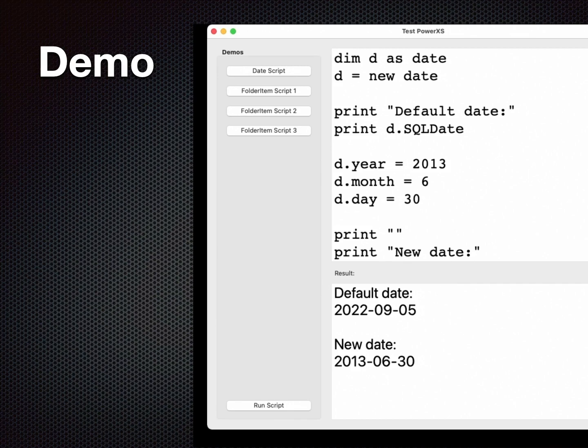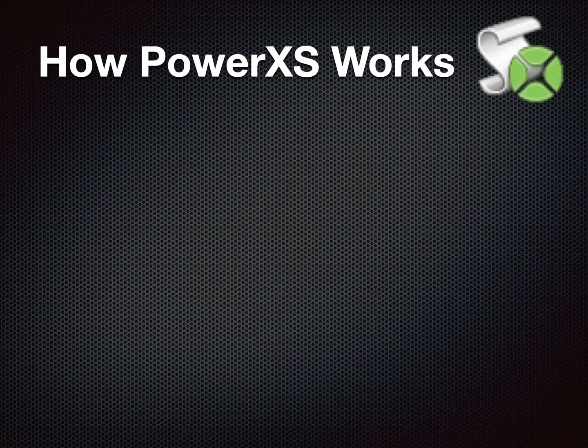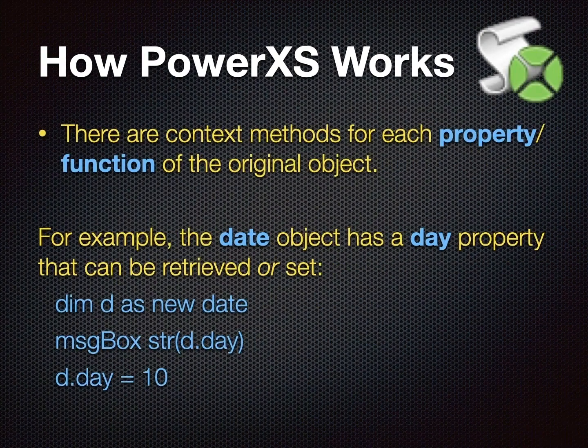That's mostly because, as you'll see when we get more into how PowerXS works, right now it's supporting standard data types like integers, strings, things like that. I have to make my system work with an object that it doesn't know about, like date. I'll have to work on that, but I'll explain it a bit more.